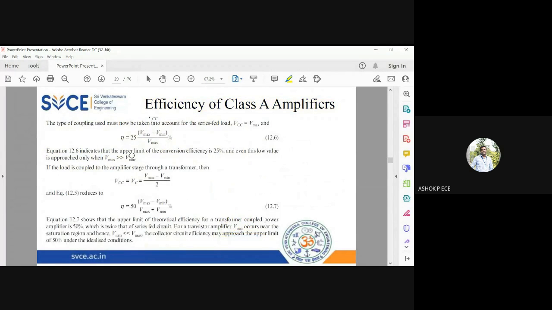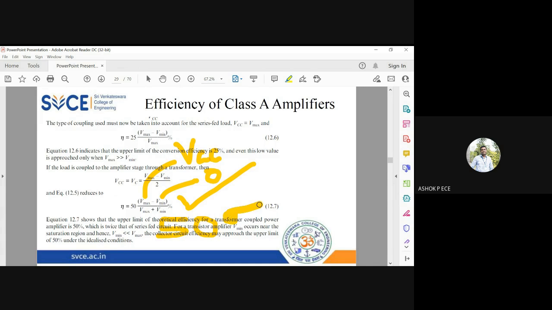If you have a transformer fed power amplifier, then the efficiency formula will change. You have to use this formula: 50 into Vmax minus Vmin by Vmax plus Vmin. Always remember Vmax is VCC and V minimum is 0. When you substitute these values, 50 into VCC minus 0 by VCC plus 0, so 50 into VCC by VCC, you get the efficiency as 50%.